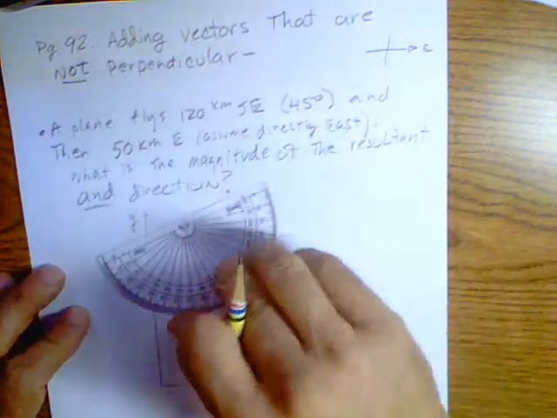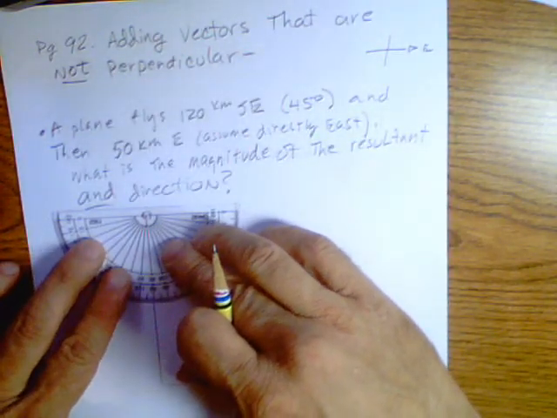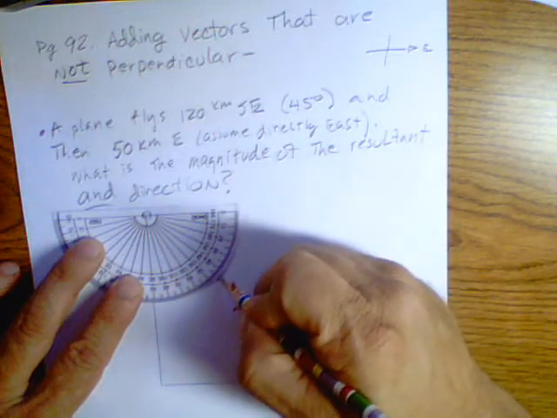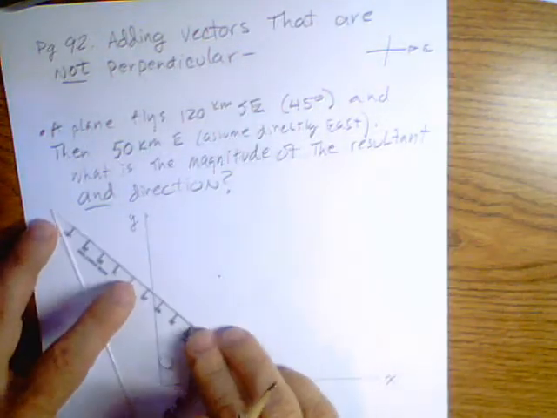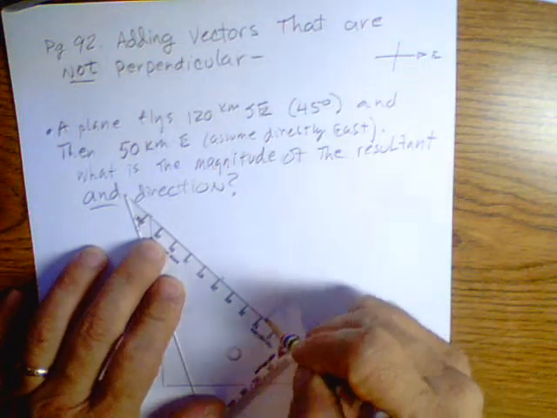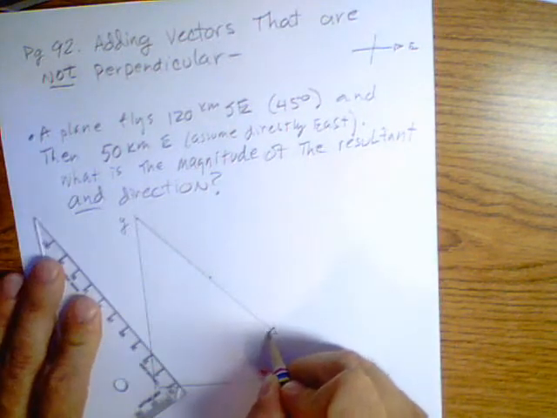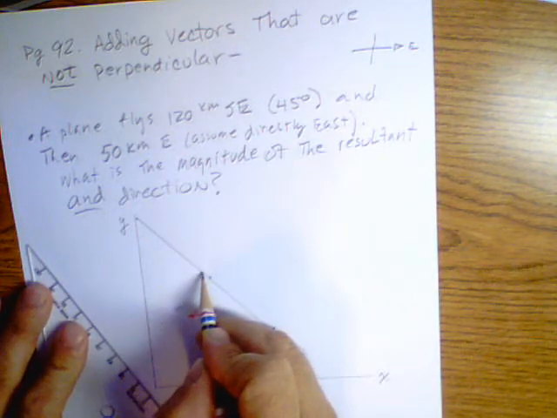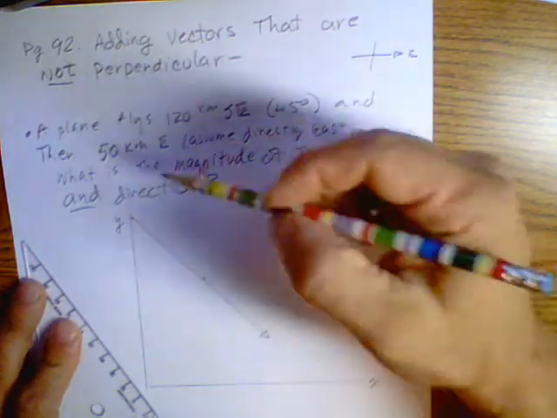Here's a 45 degree angle, and so here's our vector, which is 120 kilometers, excuse me.